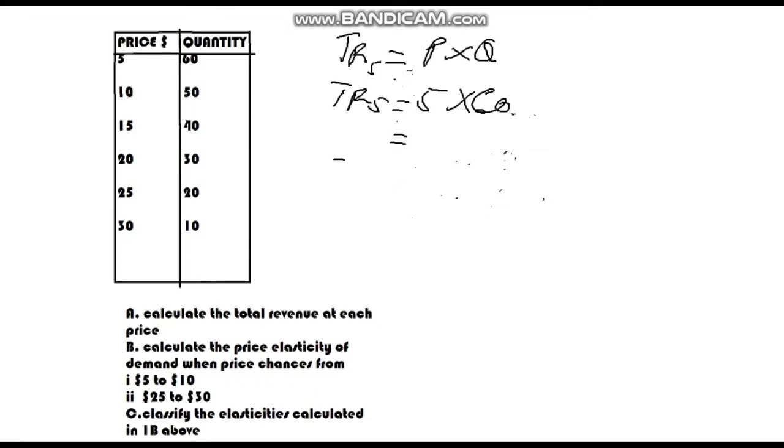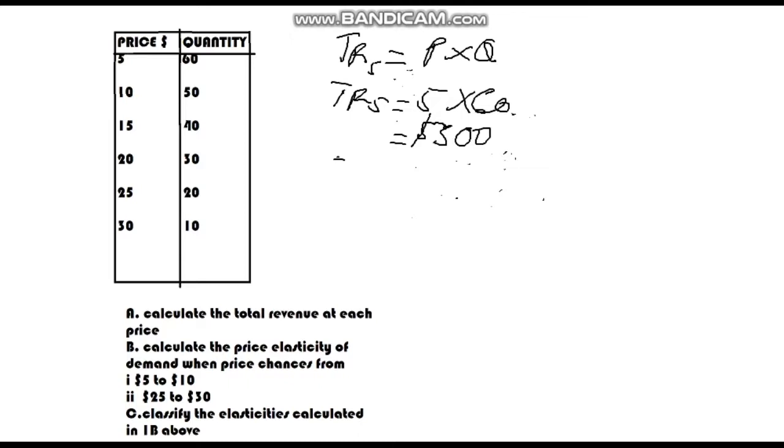It's a very simple thing which I want you to follow. If you have any question, you just write it in the comment section. So 5 times 60 is going to give you 300. So after selling the 60 quantities, you are going to get $300. We are dealing with dollars.